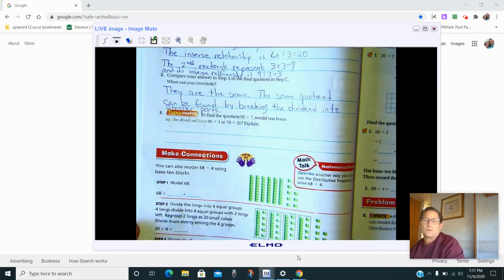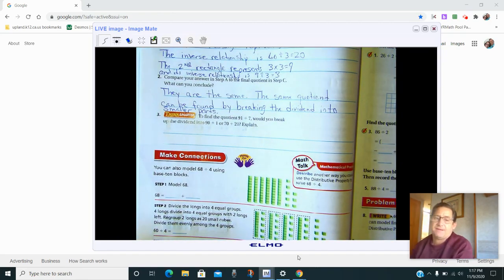So step A versus step C, the answers are the same. And the same quotient can be found by breaking the dividend into smaller parts rather than just count all the way by threes.